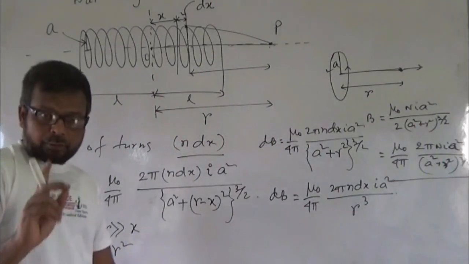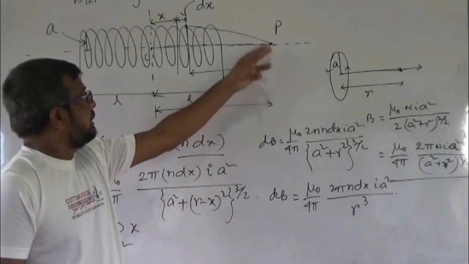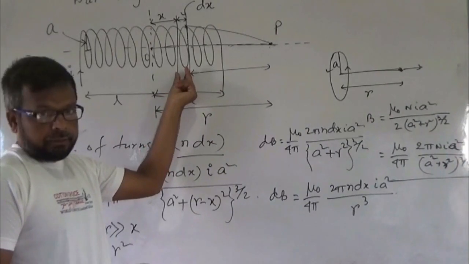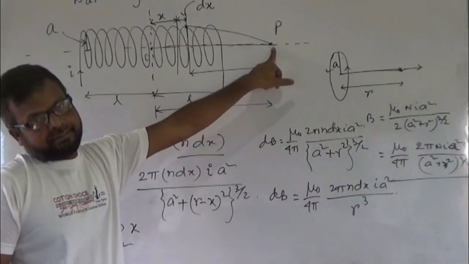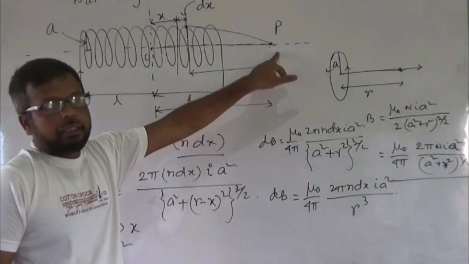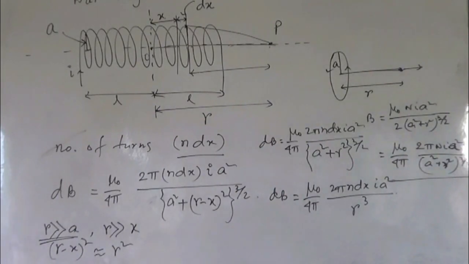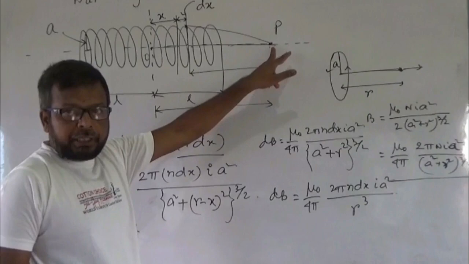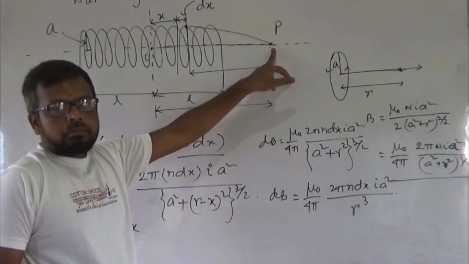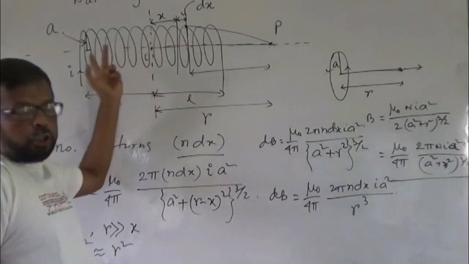We have calculated the field at P due to this elementary solenoid. Now I have to calculate the field at P, which is on the axis of the solenoid, due to the whole solenoid.